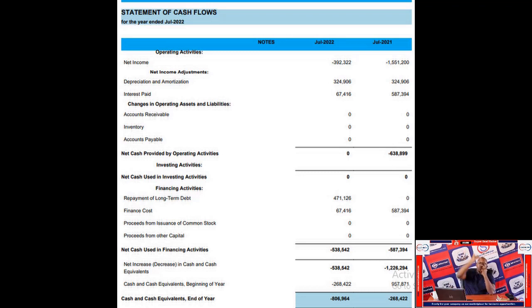Remember, now you're going to calculate the cash flow from operating activities. So the cash flow from operating activities will be your net profit, or your net loss if you are making a loss. Then you add back the depreciation, you add back the interest, then you add or minus your movement in your current assets, depending on how your business is doing.